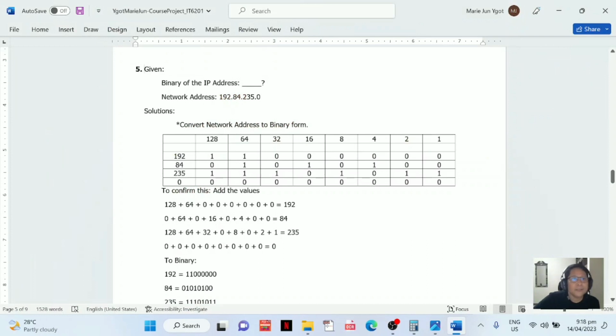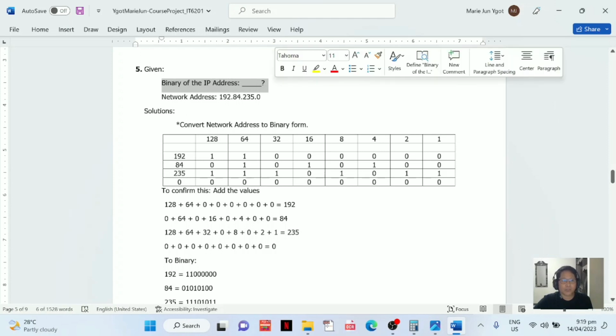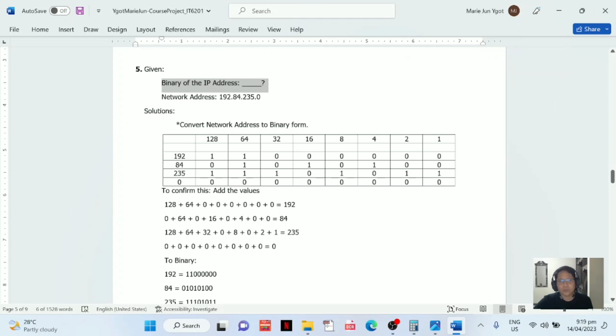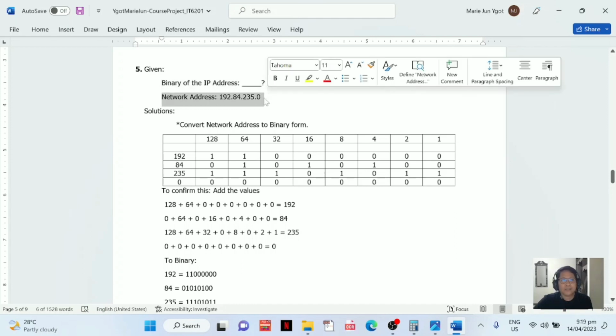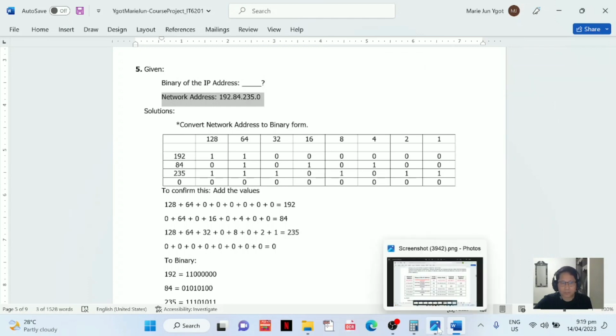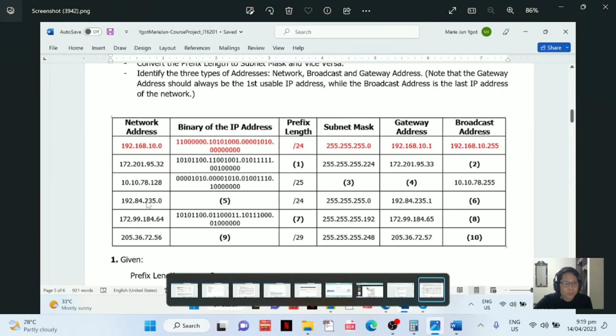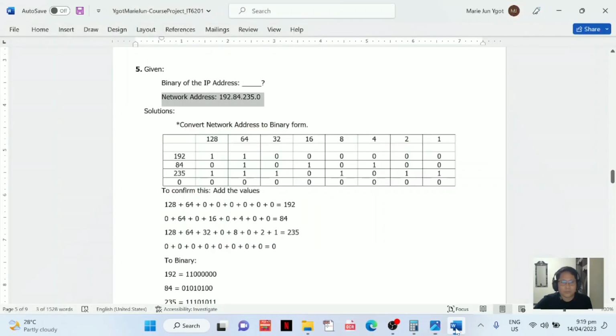So again, you go back here. We need to find the binary of the IP address. So our IP address or network address is 192.84.235.0. Let me check. 192.84.235.0. Okay.